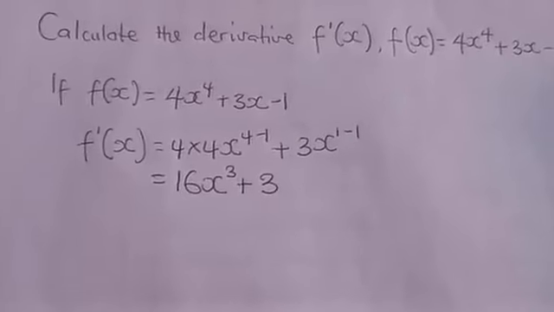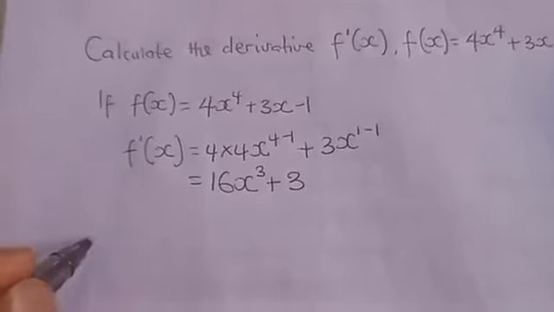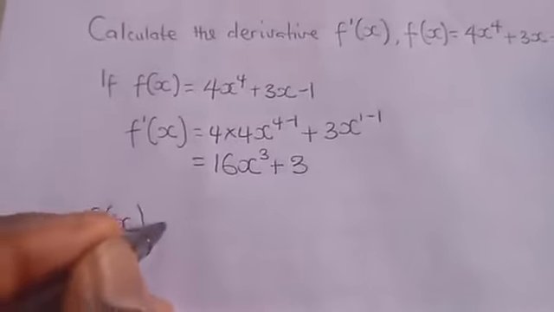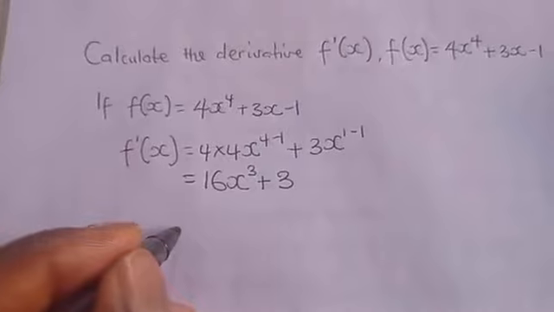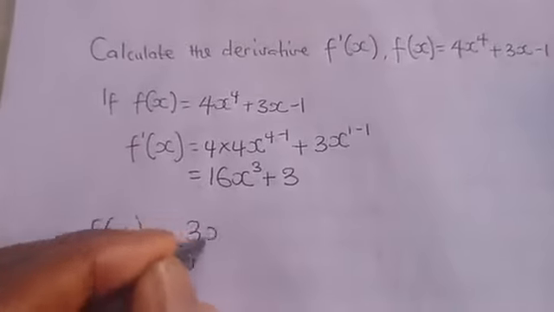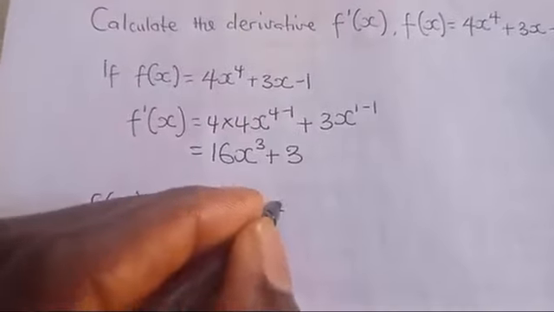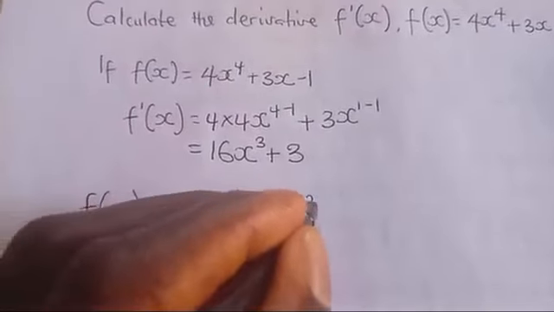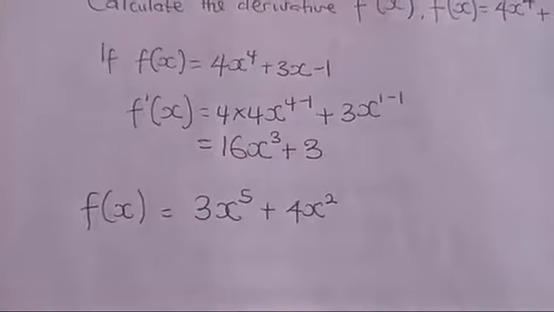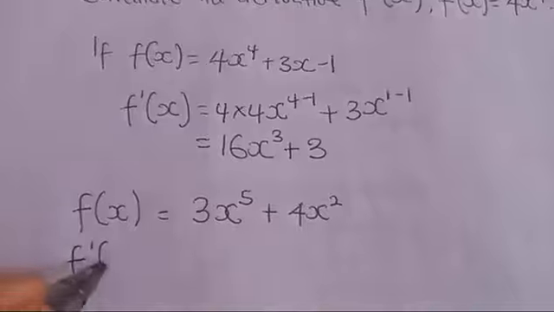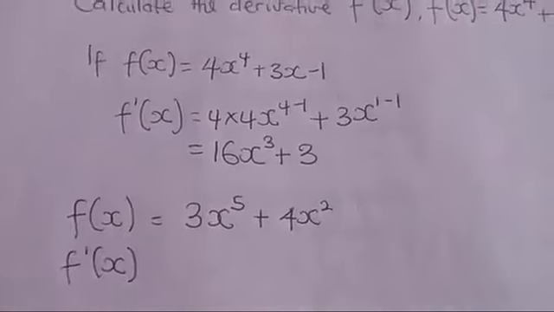Lastly, if we have a function f of x equal to 3x raised to the power of 5 plus 4x raised to the power of 2. Find f prime of x, that's the derivative of that function.